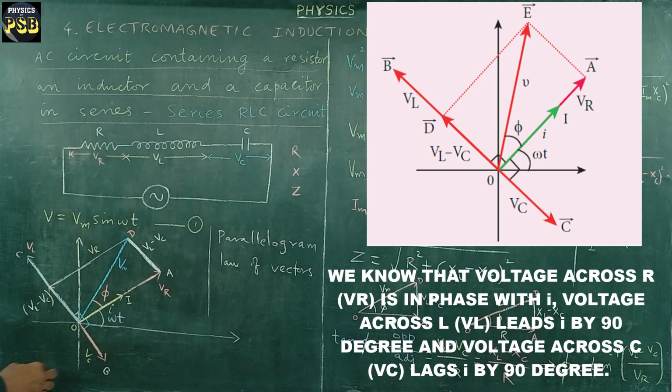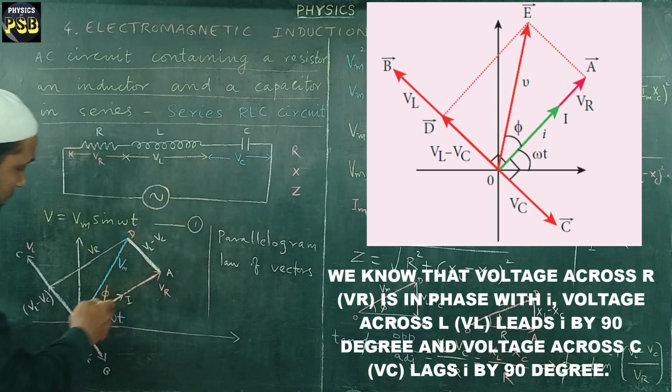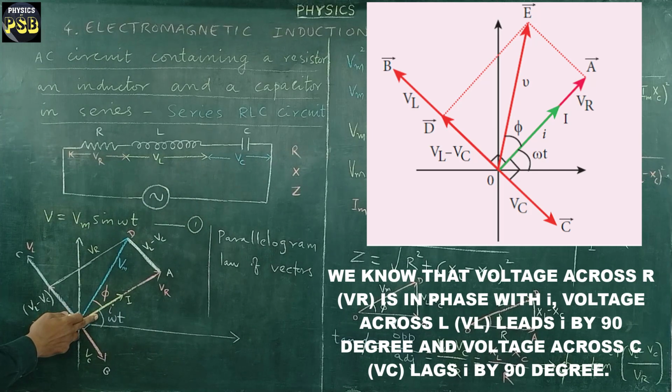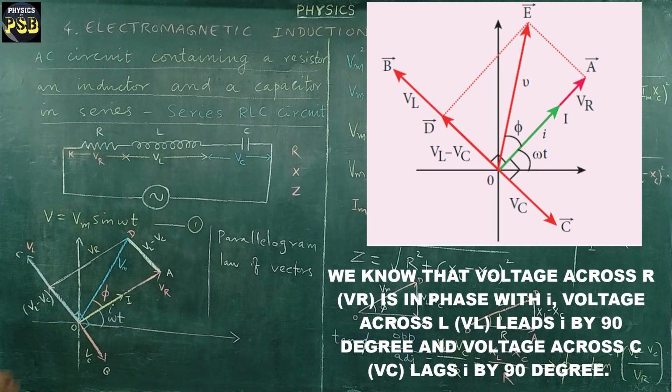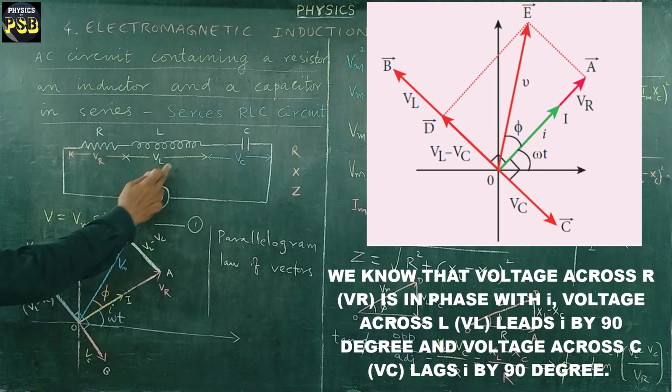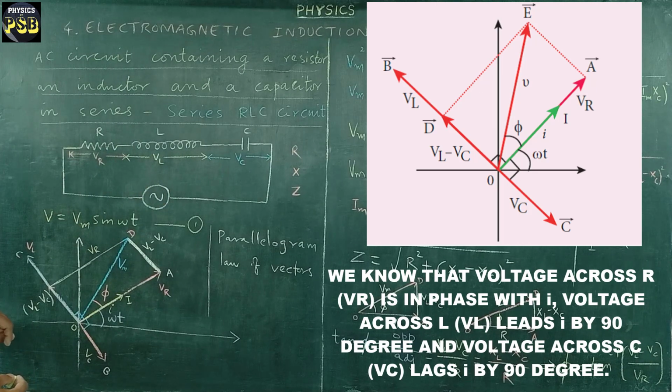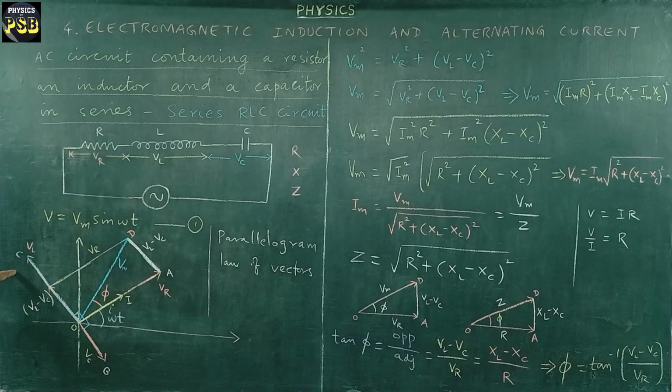This shows that voltage in the capacitor lags behind the current by pi by 2, by 90 degrees. Next, this line OC represents the voltage across the inductor. If we compare VL with I, you'll find that voltage across the inductor leads the current by pi by 2 or 90 degrees.